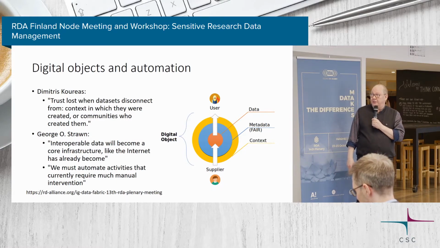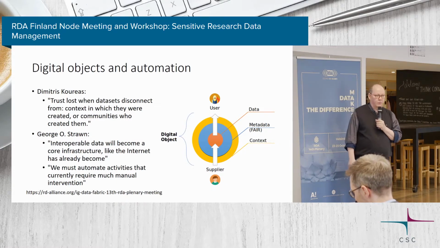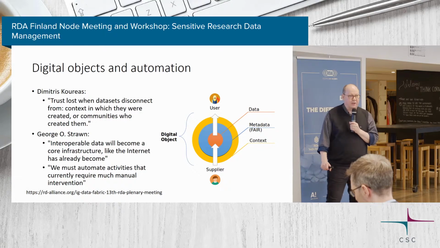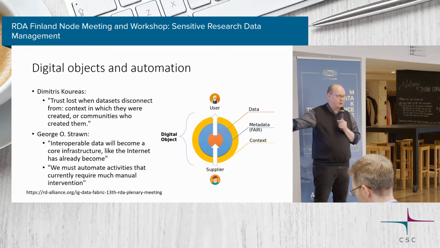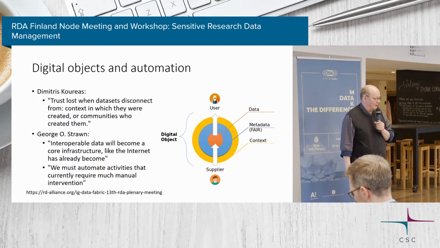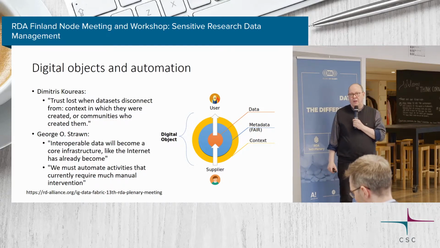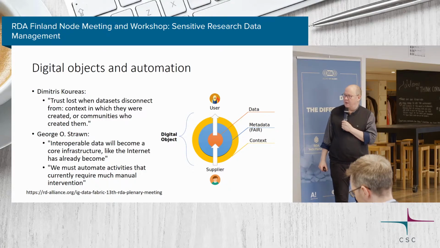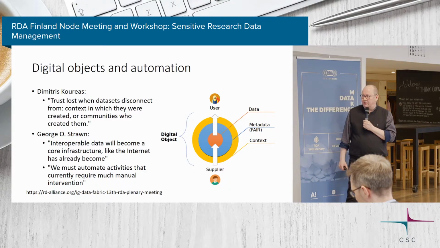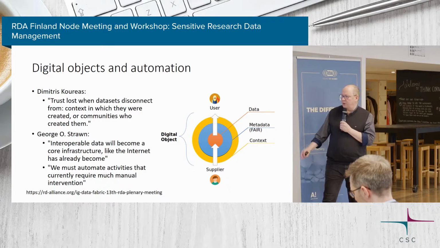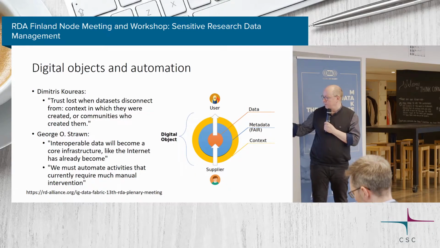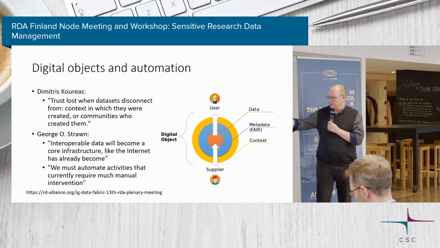Then digital objects. If you are working for an IT center like me, you are interested in digital objects, because this is a little bit technological thing, and it is something that is coming in some way. It means there are a number of other things than, for example, data itself in the same package.